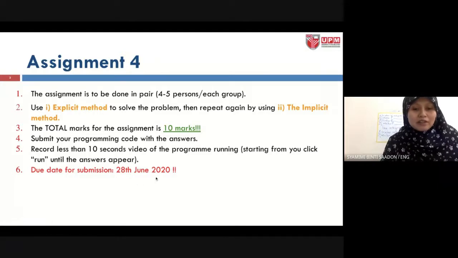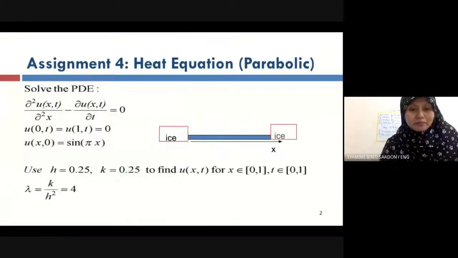I give 2 weeks, until the end of week 14, by the end of June, to finish the assignment. I hope it's not too complicated. Just try to solve this heat equation with the given step size h and boundary values.